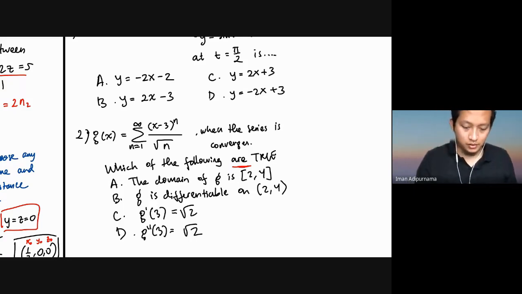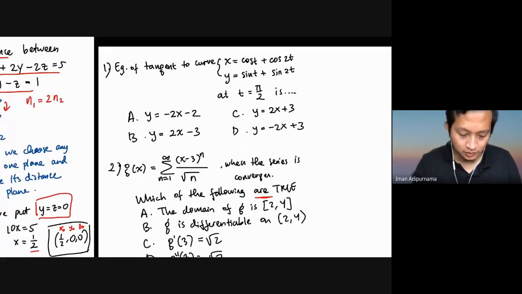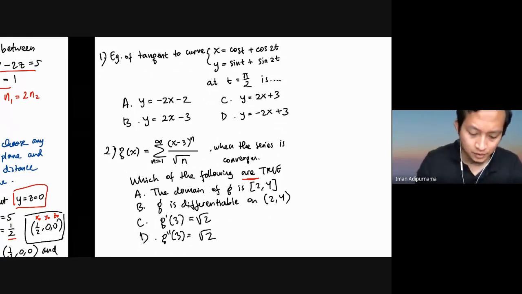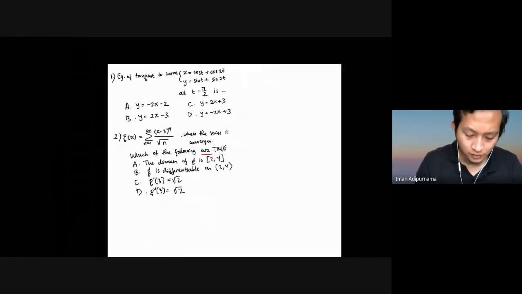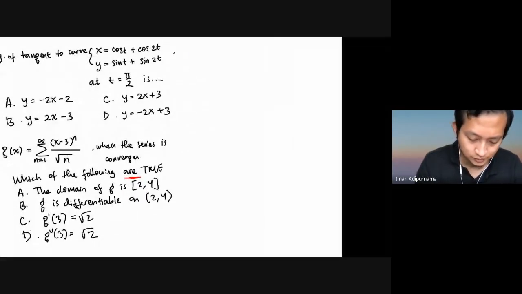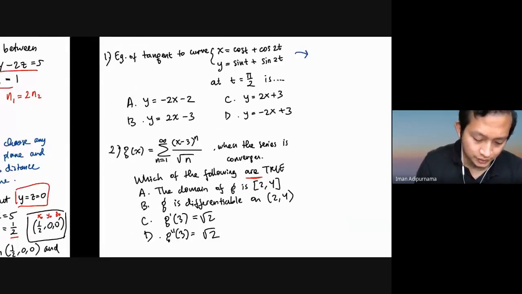Okay, let me go to the explanations for the first one. I think the first one is not too difficult. It's quite easy. You need to be careful for the calculus part. So, equation of tangent.